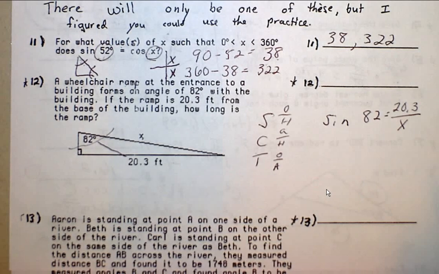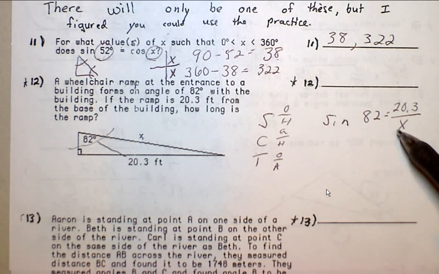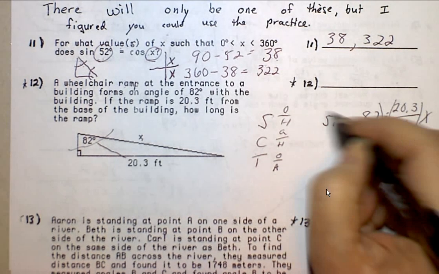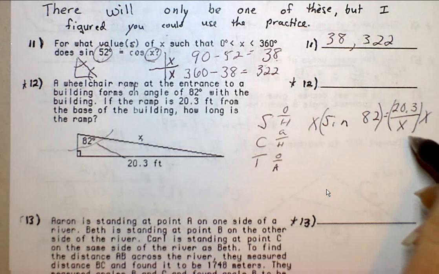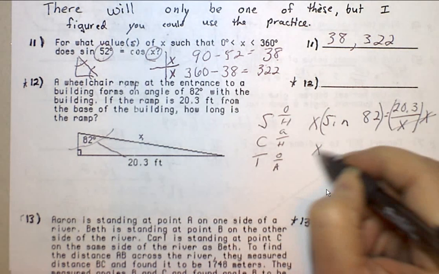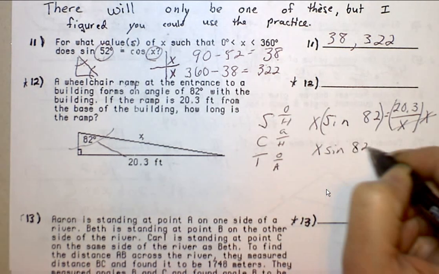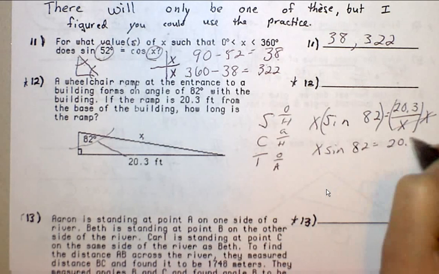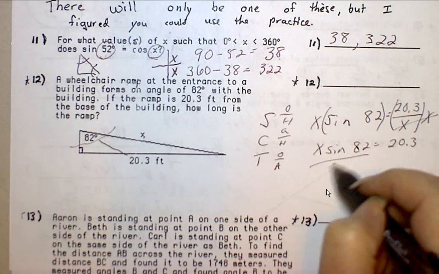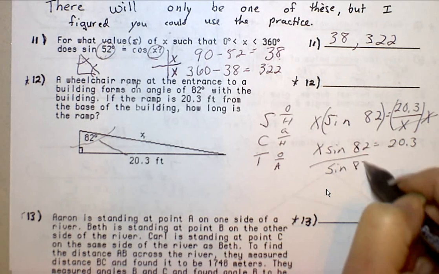Now, x is on the bottom. What can I do? Multiply both sides by x. So this is gone. So I have x sine 82 is equal to 20.3. Now how do I solve for x? Yep, divide by sine 82.